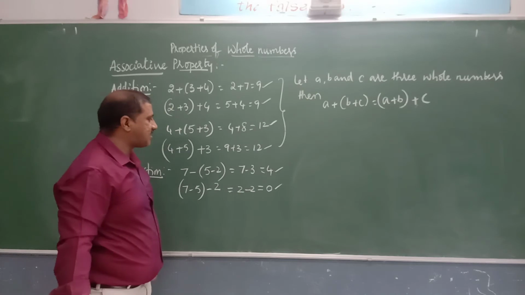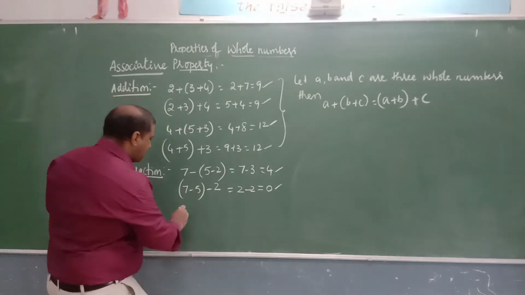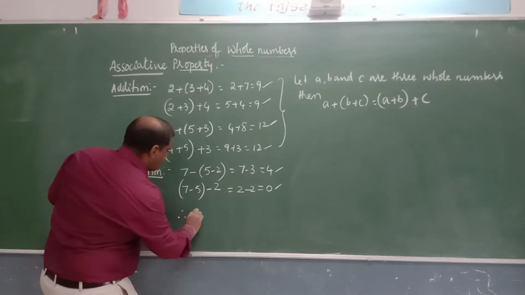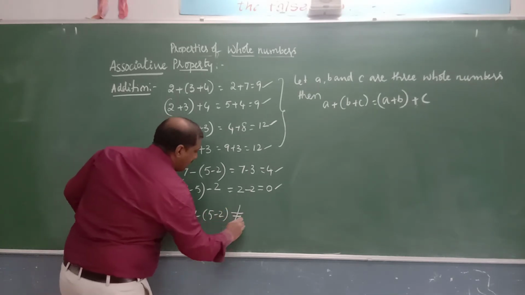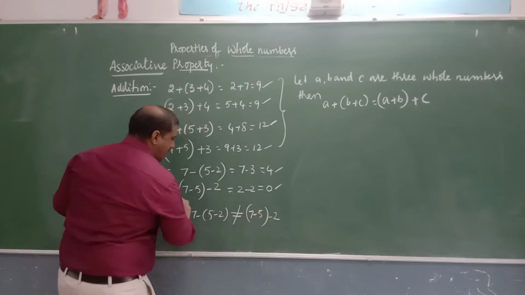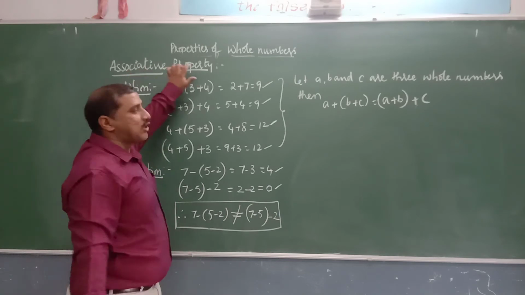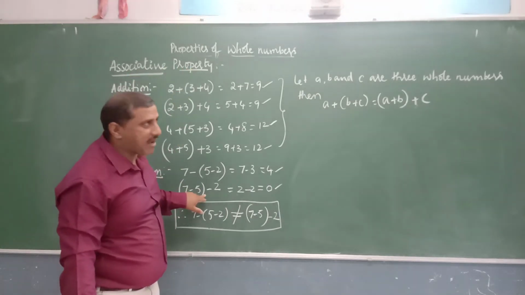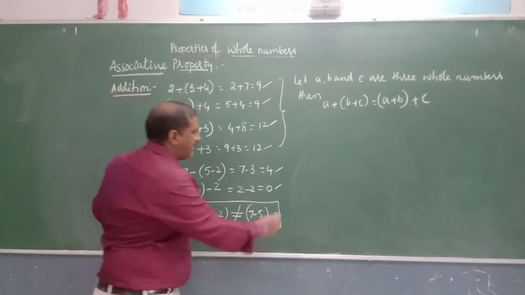Their differences are not equal. Therefore 7 minus (5 minus 2) is not equal to (7 minus 5) minus 2.